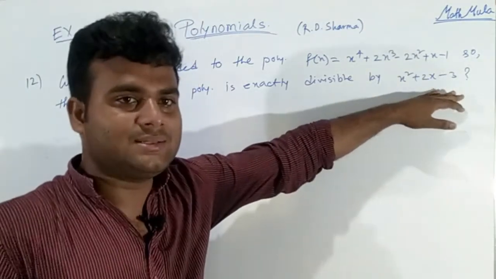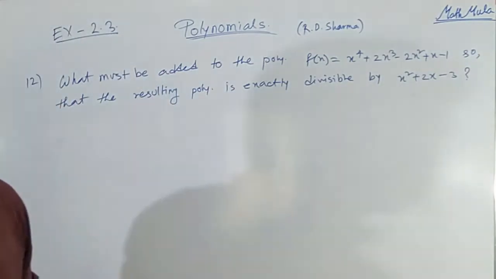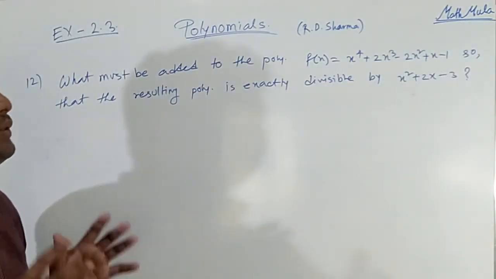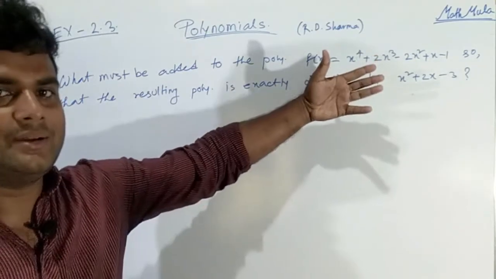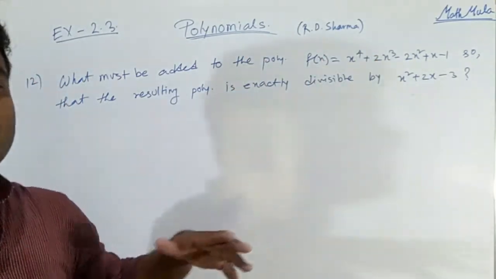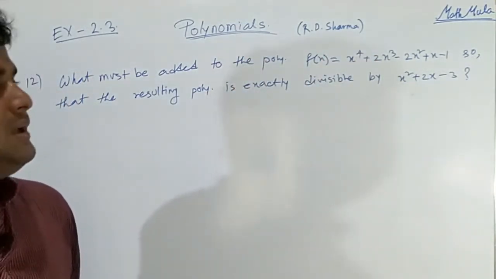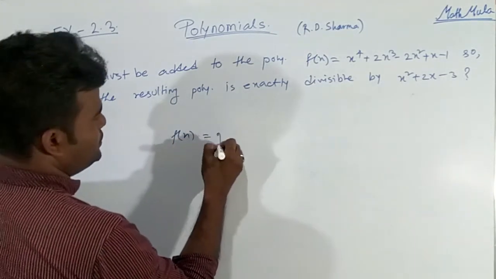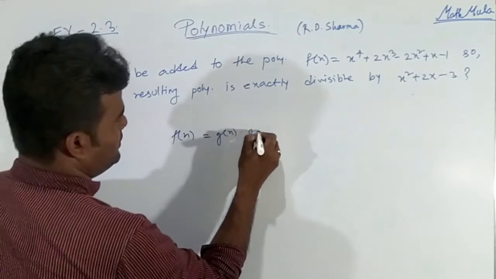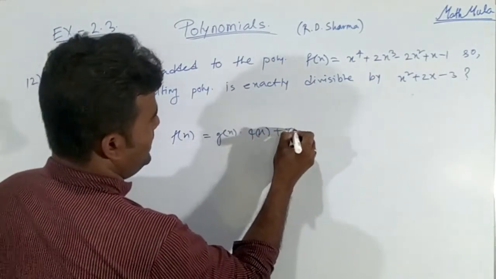That means there is a remainder, and by the division algorithm we know that if we subtract the remainder from the dividend, then the dividend will be exactly divisible by the divisor. Look, f(x) = g(x) q(x) + r(x).